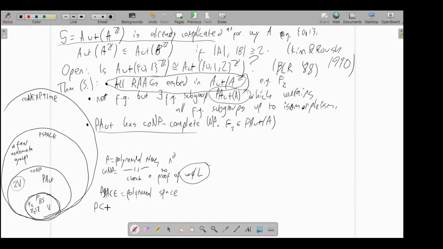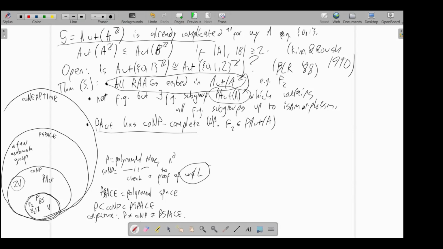Maybe I can write this here. Something you need to know is that there's this conjecture that P is not equal to co-NP, and co-NP is not equal to P-space. Maybe I should have reserved more time to talk about these complexity things or not mention them at all. But anyway, for now, this is a super quick crash course.